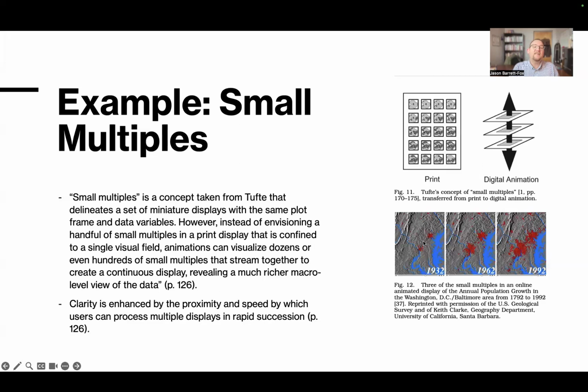So clarity here is enhanced by the proximity and speed by which users can process these multiple displays in rapid succession. So here you get, I think, a really nice example of the perfect convergence of something that allows for interactivity and actually enhances simplicity through interactivity.